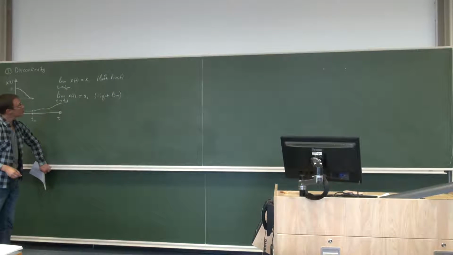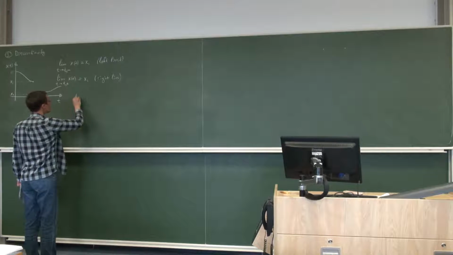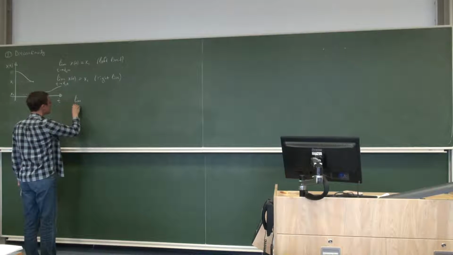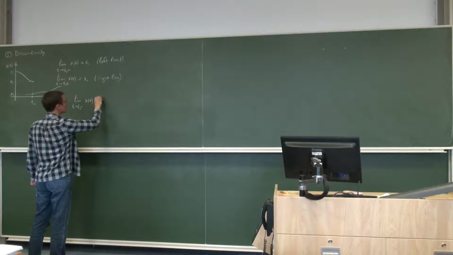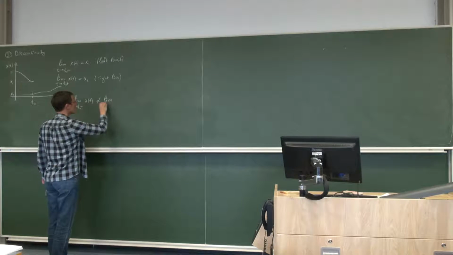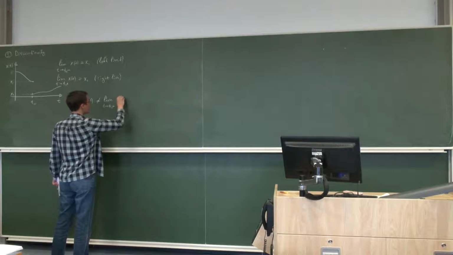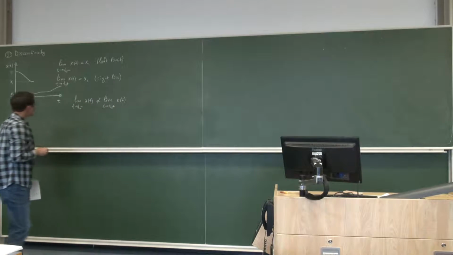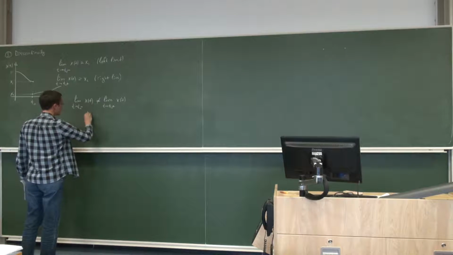And the definition of a discontinuity is when the left limit is not equal to the right limit: limit t to t0 minus of x of t is not equal to limit t to t0 plus of x of t. And this is just so much formality for now, so this is discontinuity.